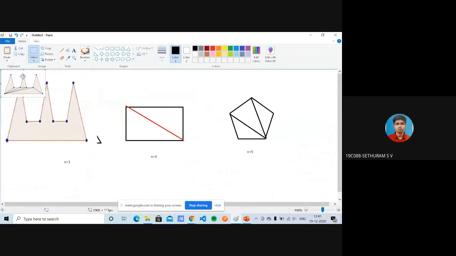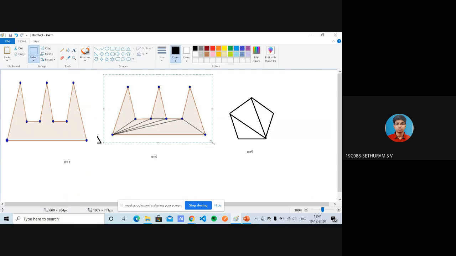You can see over here, this polygon can also be triangulated, like we earlier saw when getting an indication of this problem. By connecting these two vertices and these two vertices and the vertices together, we'll be getting a triangulated polygon. So by induction, we can say that any n-vertex polygon can be triangulated.